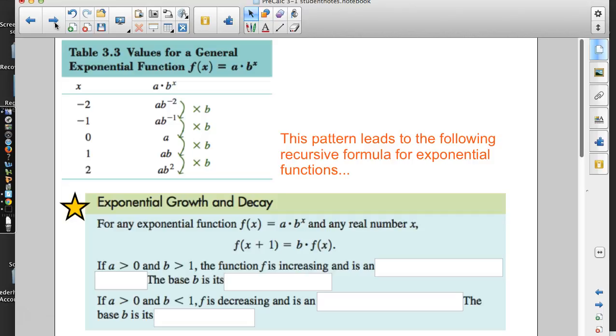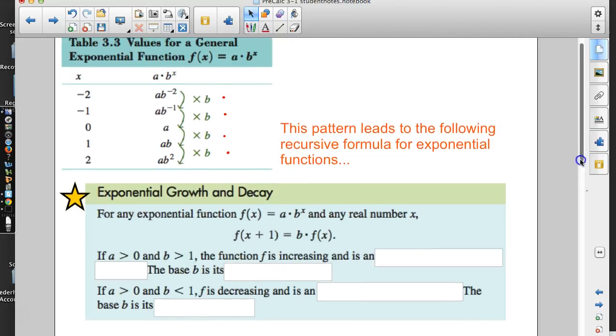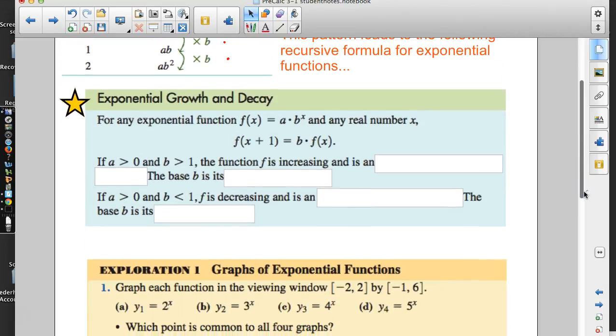So, values for a general exponential function. What we're looking for is where's that a value, the 0 value, and then we're trying to figure out what did they multiply by each time. And that pattern leads to, like it says, a recursive formula for exponential functions. It shows you how to get to the next number without necessarily getting a formula.